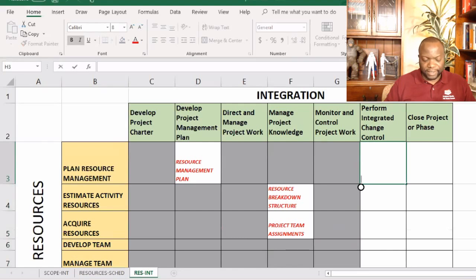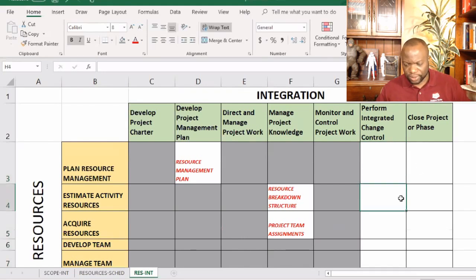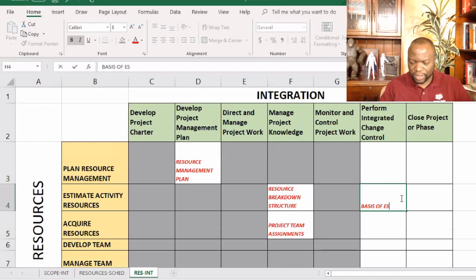So, with that said, we probably can infer some relationship here. Okay, and I'm going to go back to 4.5 just to make sure we didn't misread that. Okay. So I like the way they mentioned resources because it's very specific. So your BOEs come from estimate activity resources. So that is one of the places you get your BOEs. Okay, so basis of estimates.